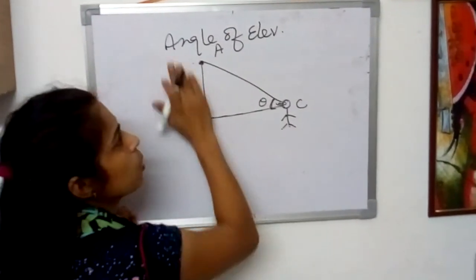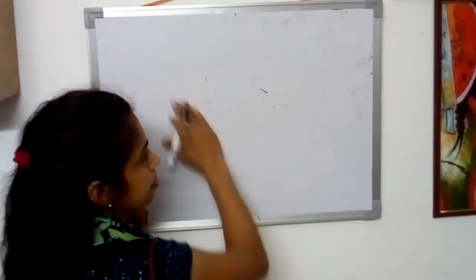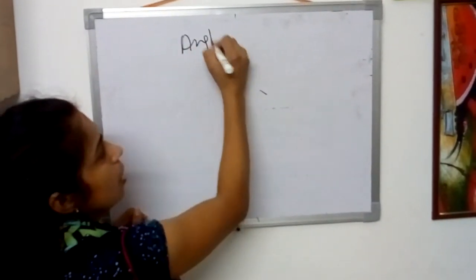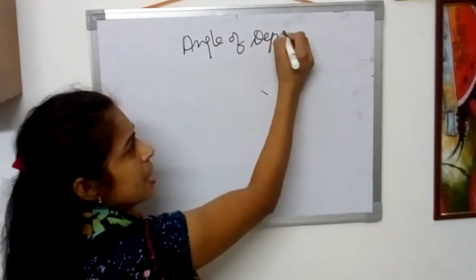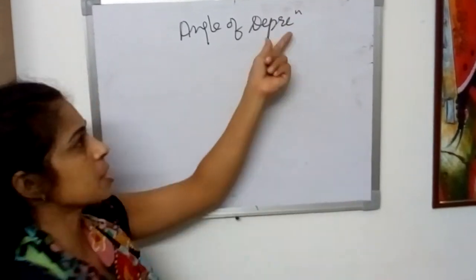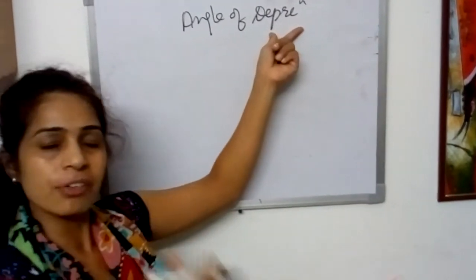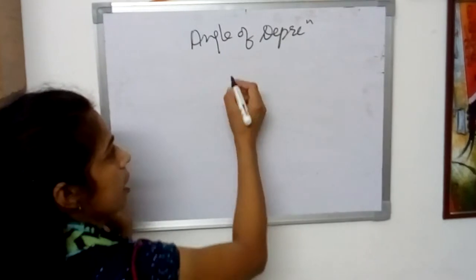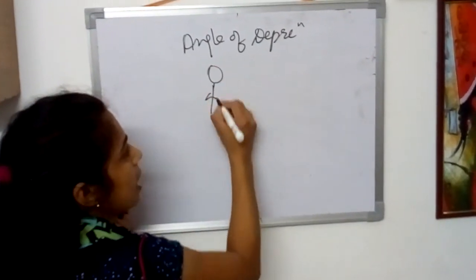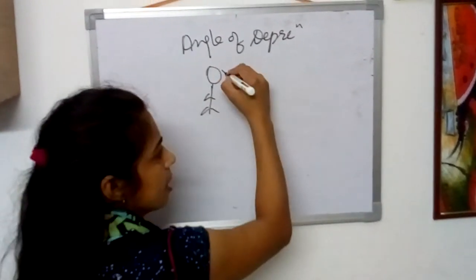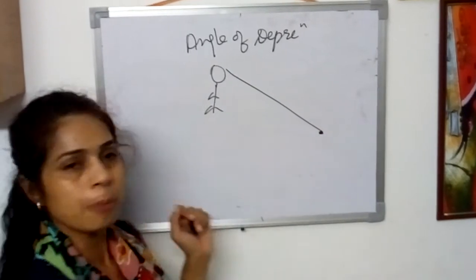Now let us come to angle of depression. Very, very easy again. As we know this term depression, we can just reverse the previous definition. It means when the person is standing at some height and he is viewing the object at the bottom.